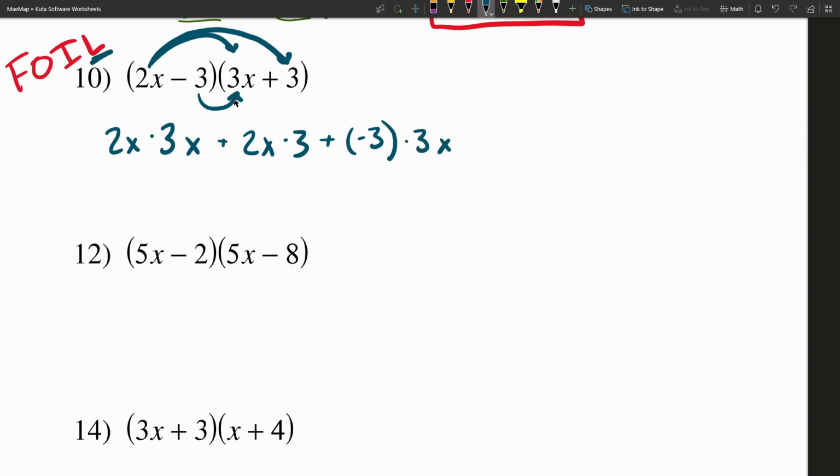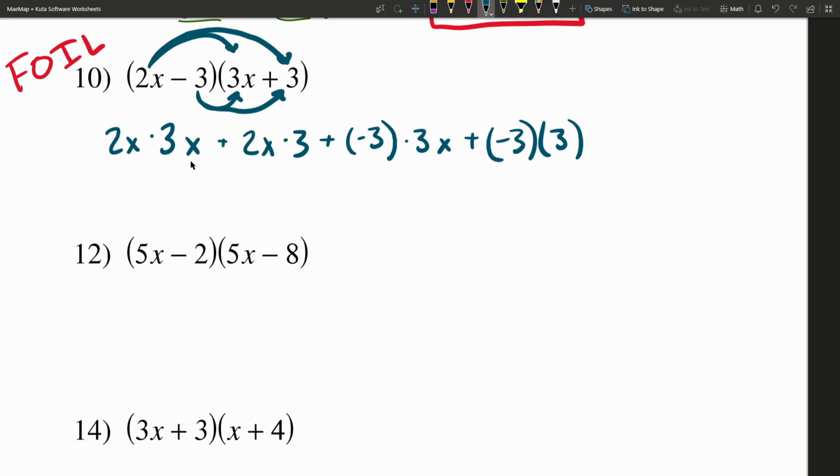And then our last terms, negative 3 and 3. Since the one is subtracted and the other is not, we're going to add a negative 3 times a positive 3. Now all we have to do is work out each of these multiplications, then simplify.